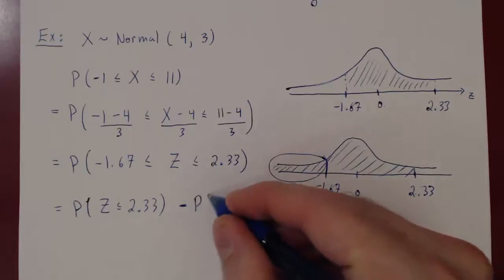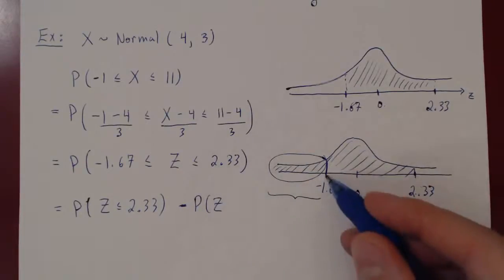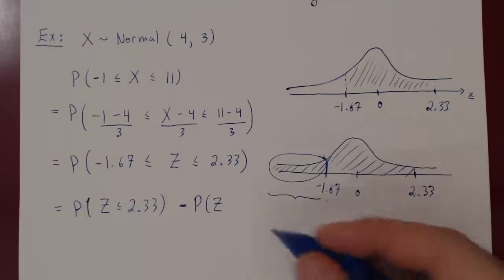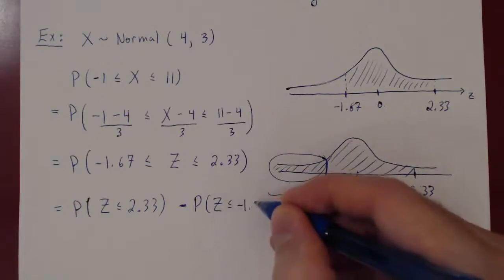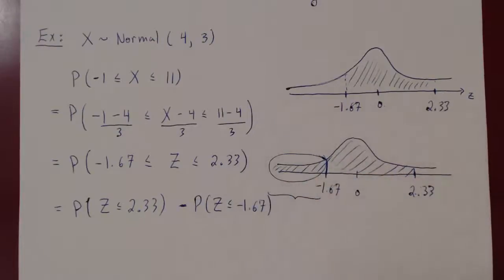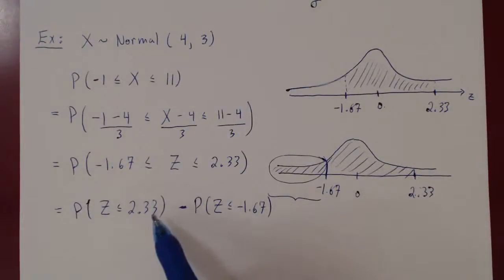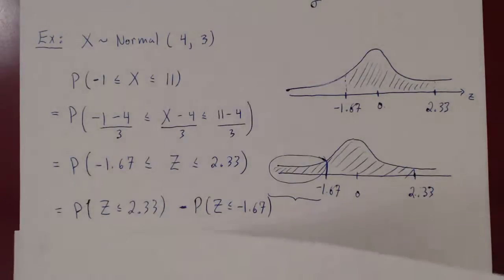Let's just remove the area where z is below negative 1.67. And there you have it. Now, each probability is the probability that z is to the left of a given z value. And now we can read both of these off from our distribution table. So let's look at the first value. Z is to the left of 2.33. This is a positive value, so we use the second side of our distribution table.